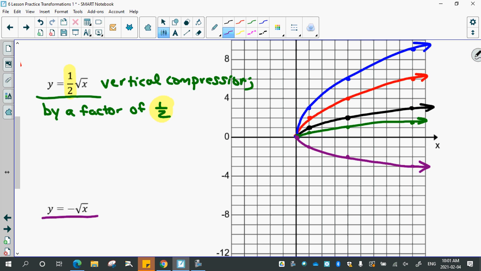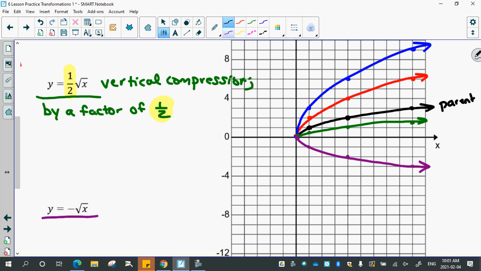So this one was my parent. Do you see if I were to fold the black one along the x-axis, it would line up on the purple one? If I were to fold this piece of paper over the x-axis, black and purple would line up on top of each other. Okay, that's called a reflection.